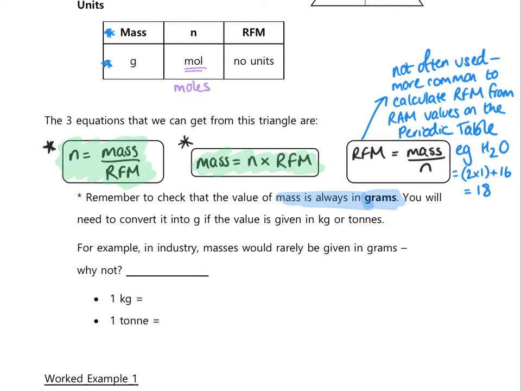So for example, if you were given an industrial scale question, your mass might be given to you in kilograms or tons. And it says here, for example, in industry, masses would rarely be given in grams. Why not? Well, in industry, we're doing reactions on such a large scale that if we were working in grams, we would be talking about hundreds of thousands of grams, whereas it would be much easier to state the mass in kilograms.